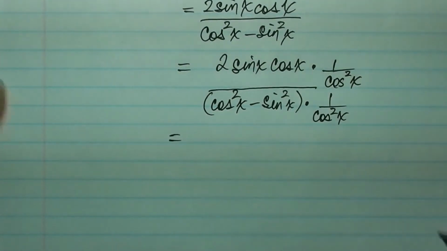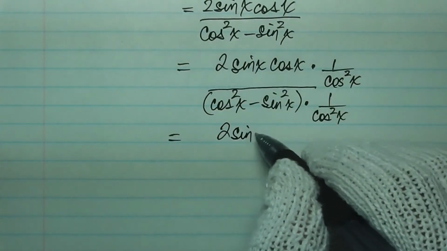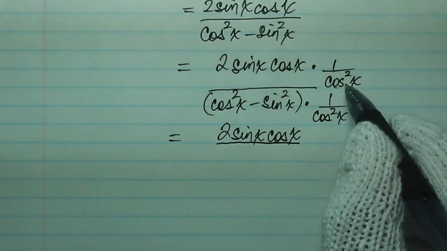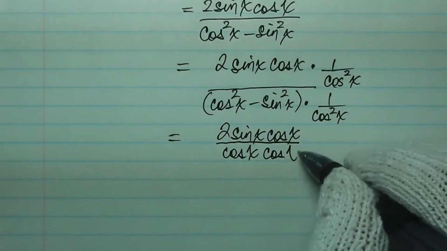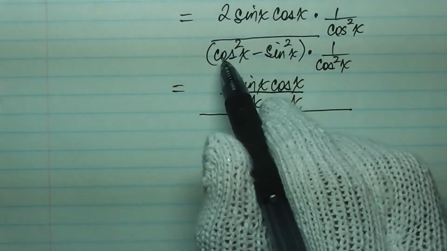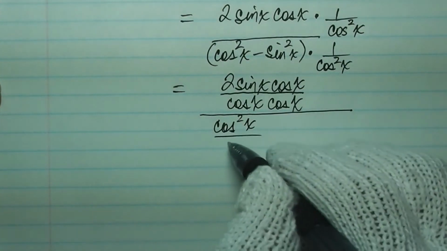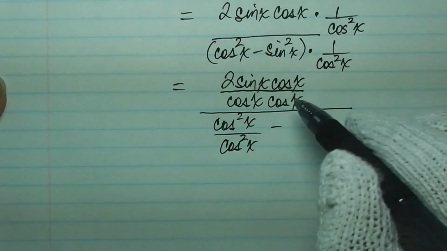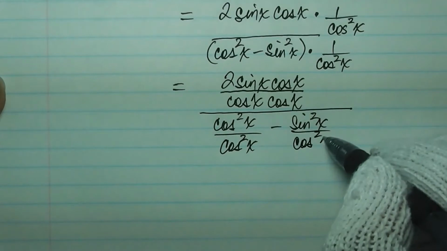Now when you multiply that out, what happens is you've got 2 sine x cos x over cos squared x, which is really just cos x times cos x. On the bottom, cos squared x times 1 over cos squared x will give us cos squared x over cos squared x, minus sine squared x times 1 over cosine squared x will give us sine squared x over cosine squared x.